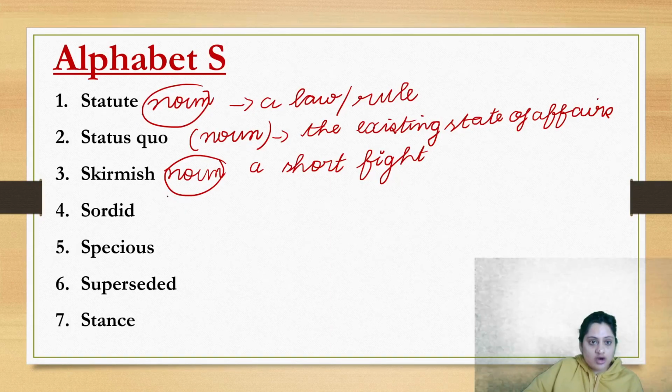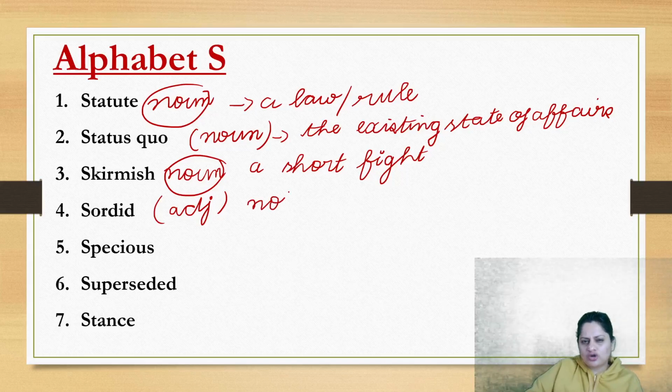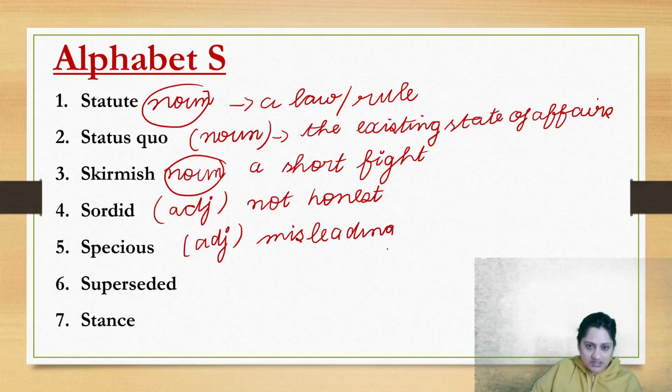Sordid is an adjective meaning unpleasant, something which is not honest, not moral, sordid. Specious is an adjective which is misleading. It is actually not special, it is misleading, a negative word. Superficially you will feel that it is possible, but it is not.